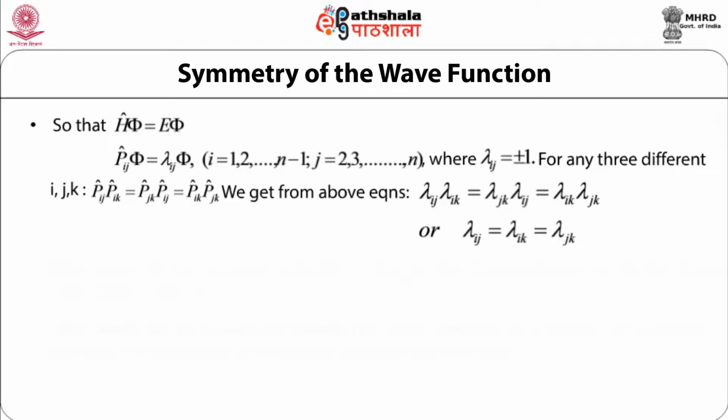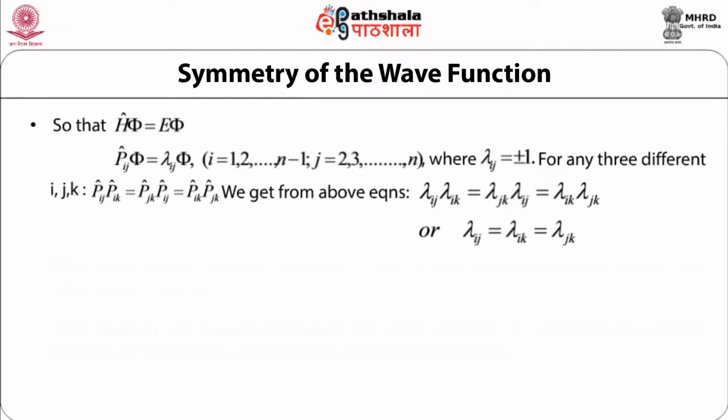Using this equality, and also the above equations involving the Hamiltonian and the eigenvalue form of the equation for the wave function phi, one sees that lambda_ij times lambda_ik is equal to lambda_jk times lambda_ij is equal to lambda_ik times lambda_jk, or lambda_ij is equal to lambda_ik is equal to lambda_jk.